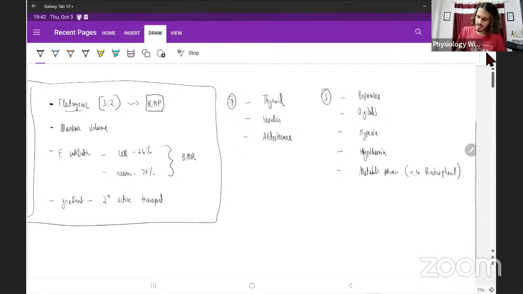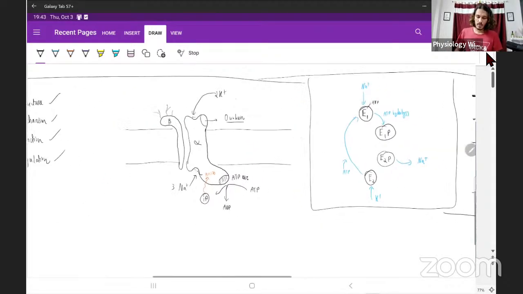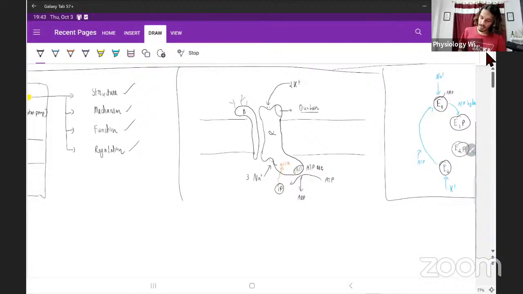So you can just write these things. Okay, more of this when we talk about endocrine and your respiratory system and all that, you will start understanding this a little better. So these are all the things that you have to write if a short note on sodium potassium ATPase is being asked.